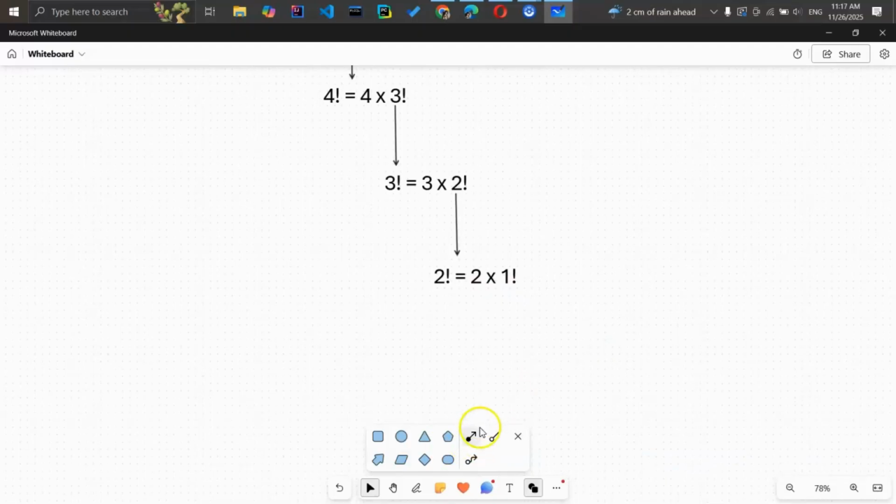Now you can represent factorial 1 like this.